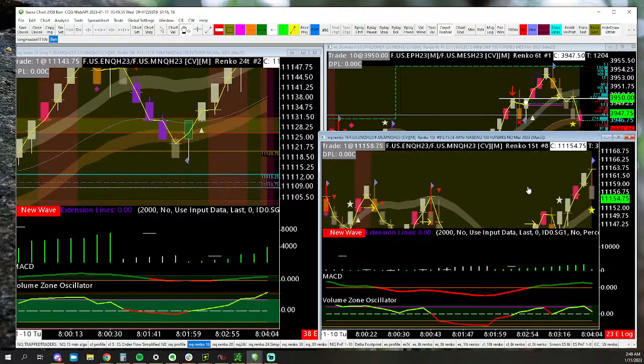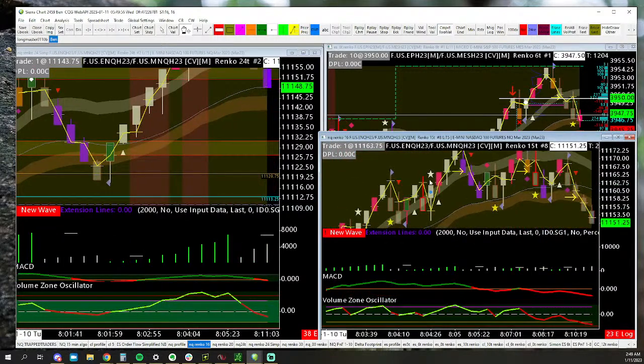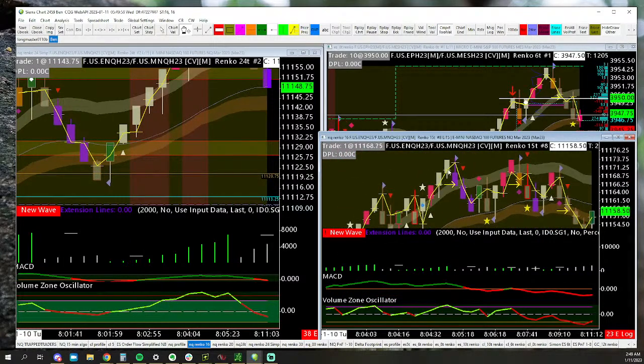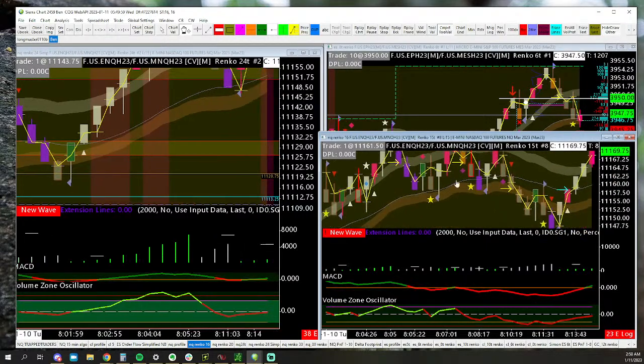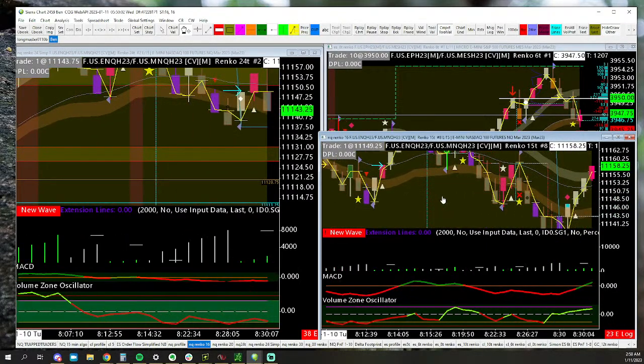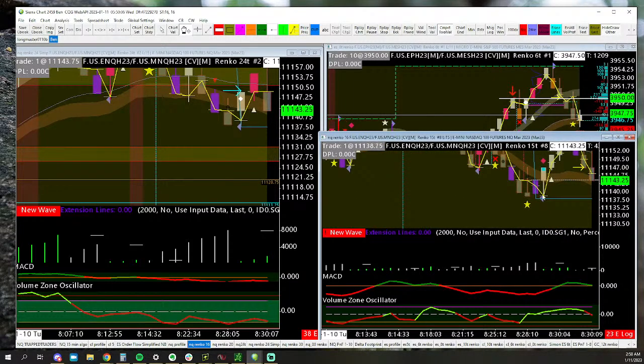Doesn't look like it. Dot star pink lift. That was a little late, but still worked. See, when they're not directly connected, it's not always going to do much.